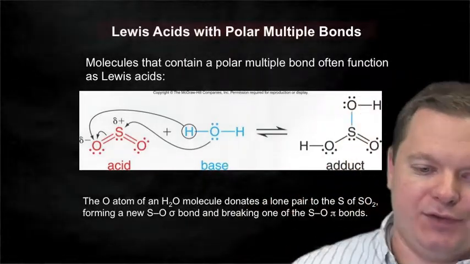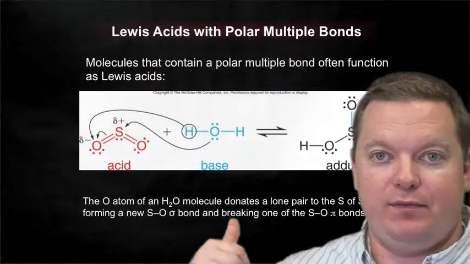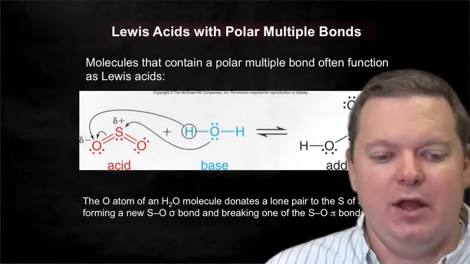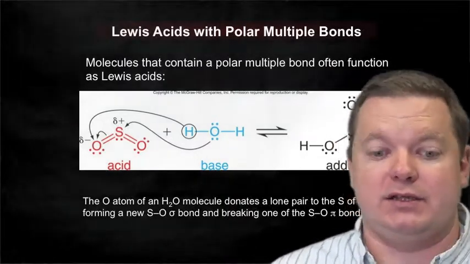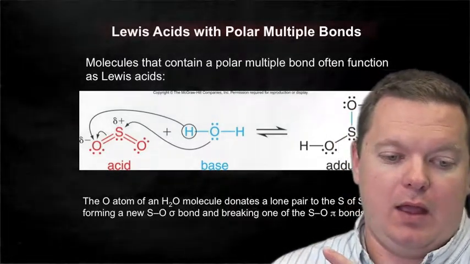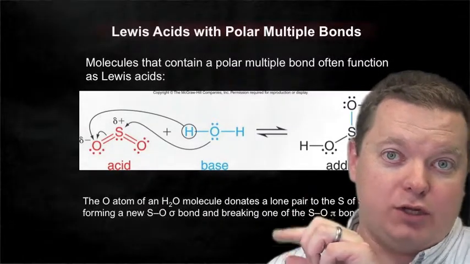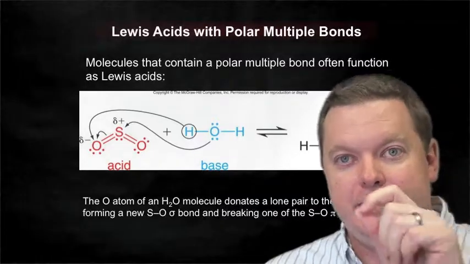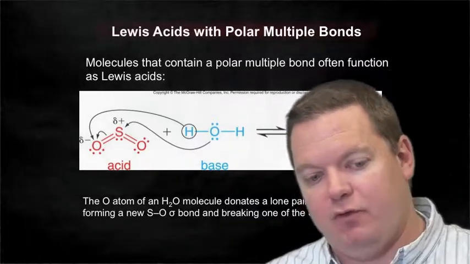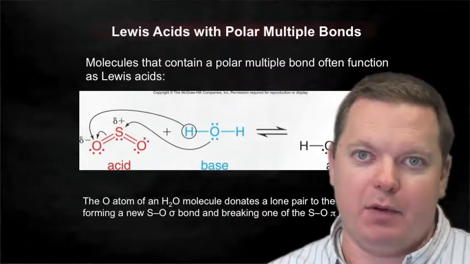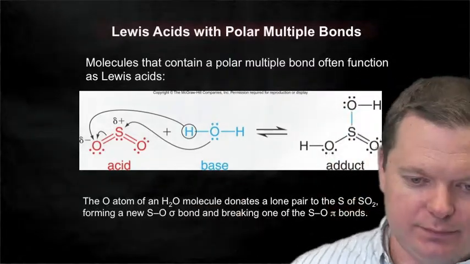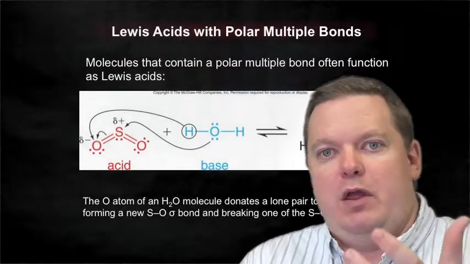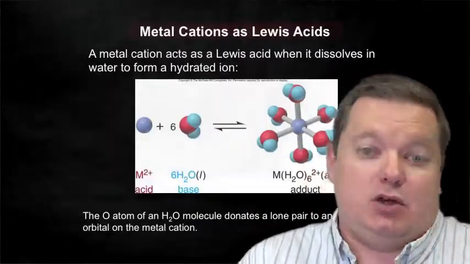So if we look at SO2 here, remember its Lewis structure, this is a polar molecule that has double bonds, so the OH, that pair of electrons can be donated to the sulfur, which then those multiple bonds can move out to the oxygen, which can then grab it from the hydrogen. So we get this new molecule formed over here. So if we have an ability to accept electrons, it's going to do that.